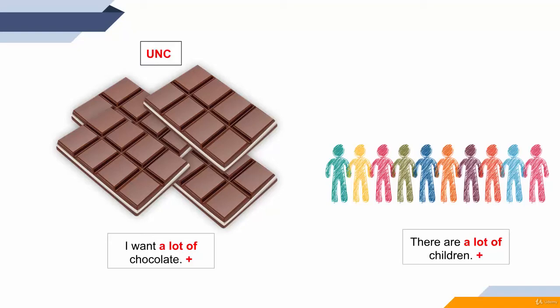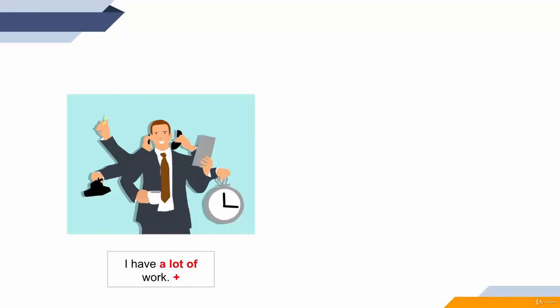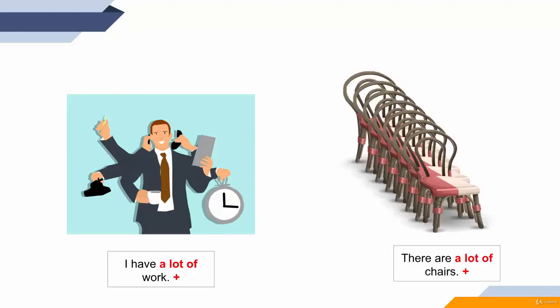So chocolate is uncountable. Child, children, is countable, which means that a lot of we use with uncountable and with countable nouns. Another example. I have a lot of work. There are a lot of chairs. Again, work is uncountable.